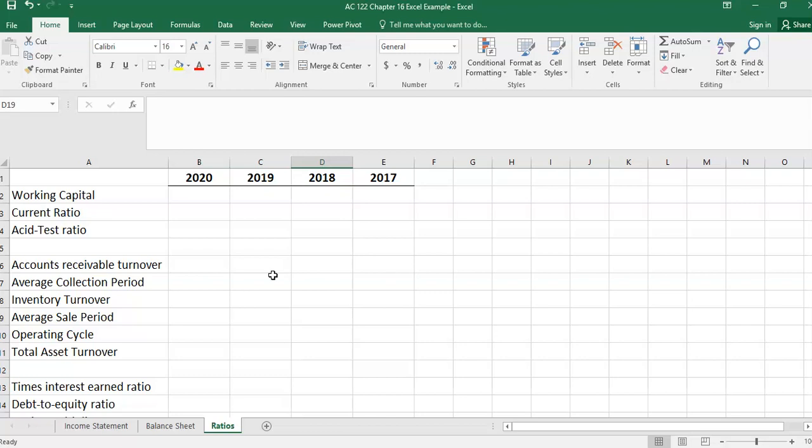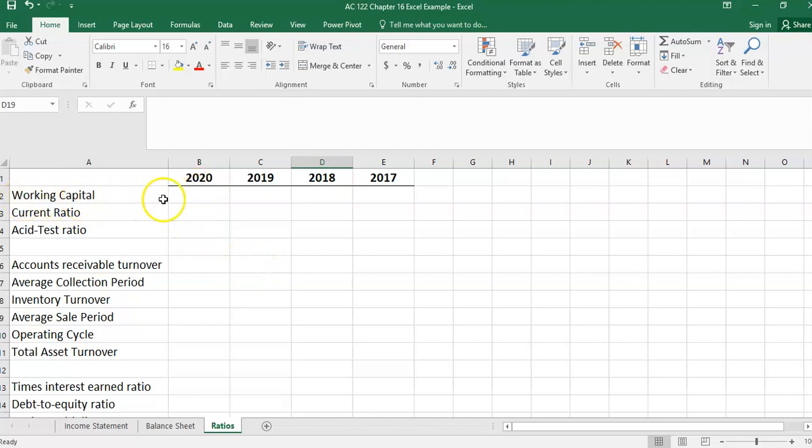There is also a page in your textbook where everything from chapter 16 is included in a summary table. That page is 752. That has all of the ratio formulas and tells what they measure. So we're going to go through all of these ratios.